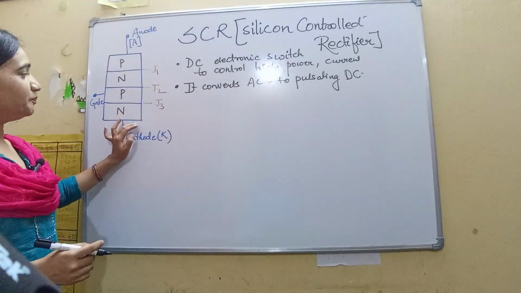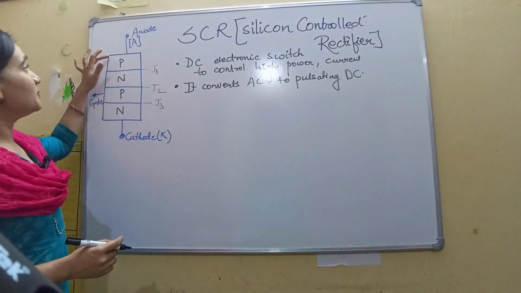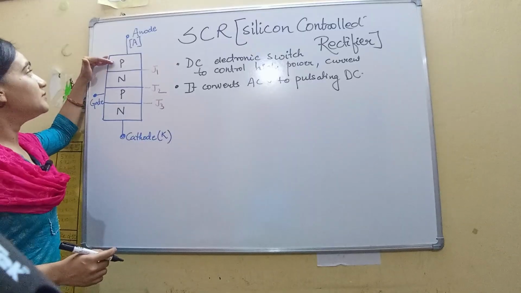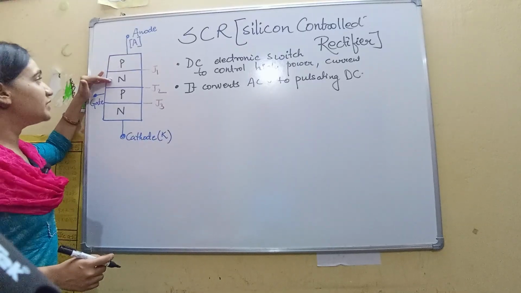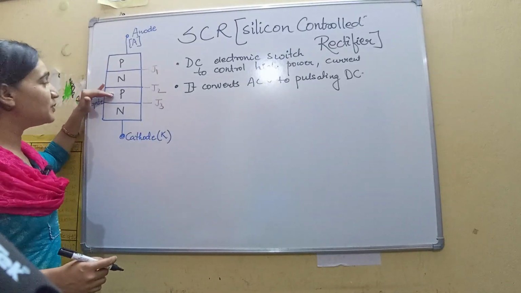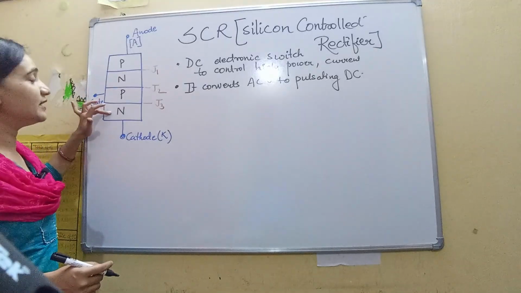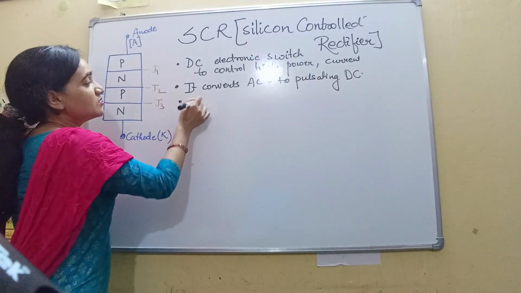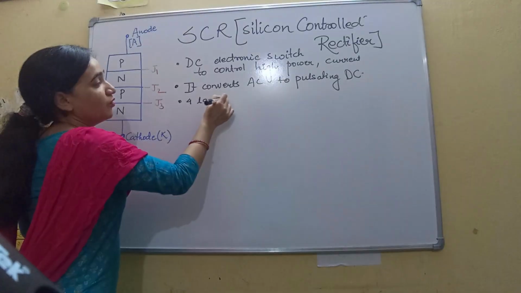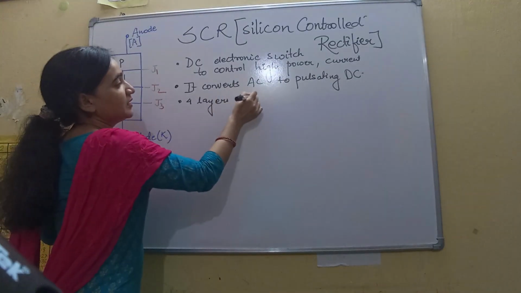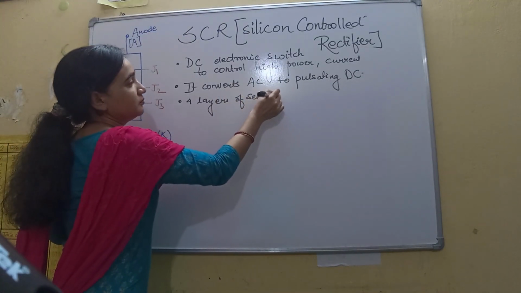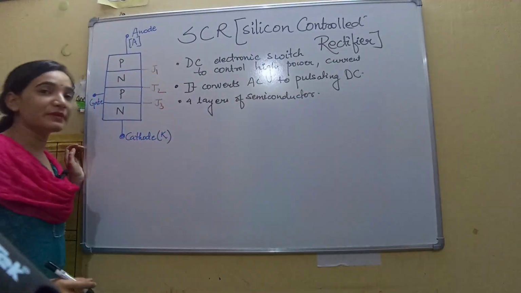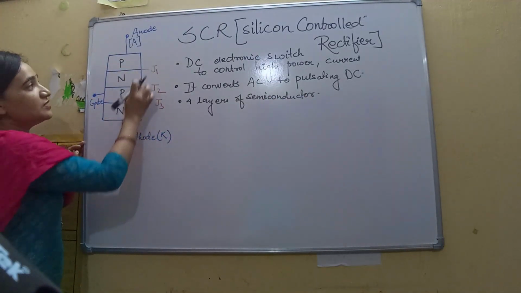So this is how the PN junction is constructed. We are combining the P type semiconductor to the N type semiconductor. Again P type semiconductor we are adding, and then N type semiconductor. Means there are four layers of semiconductor, and there are three junctions.